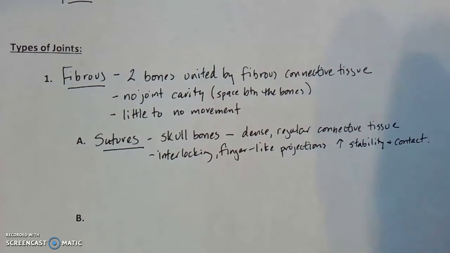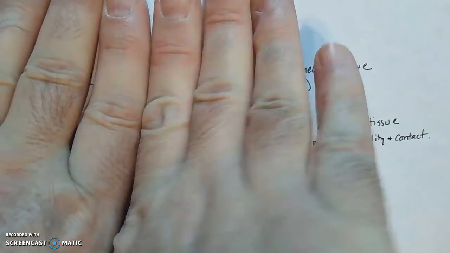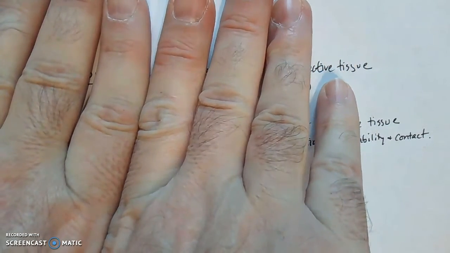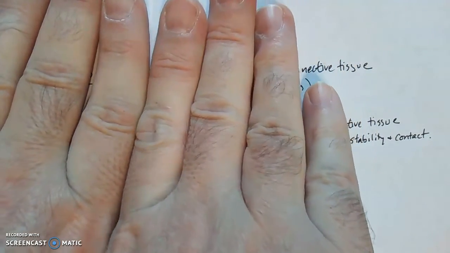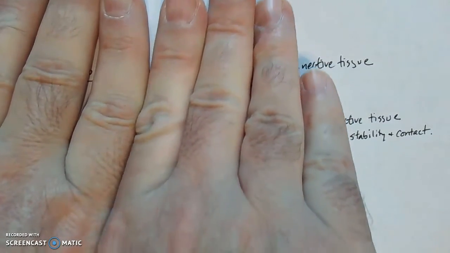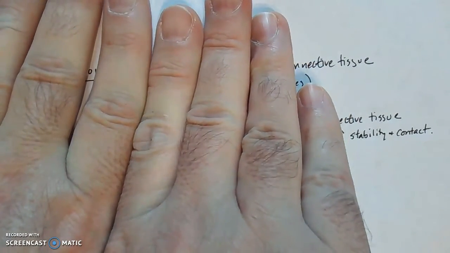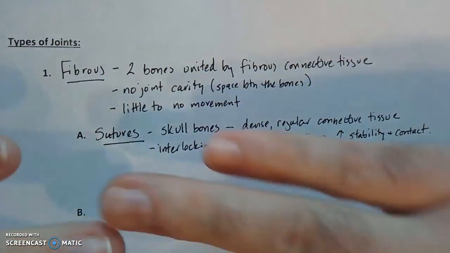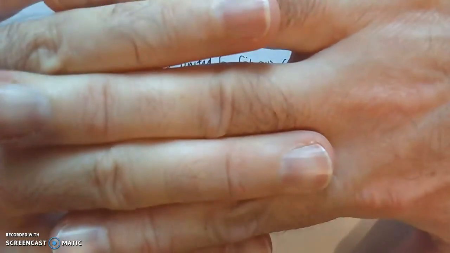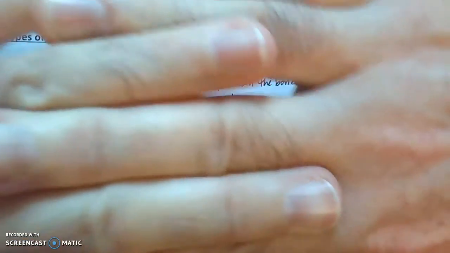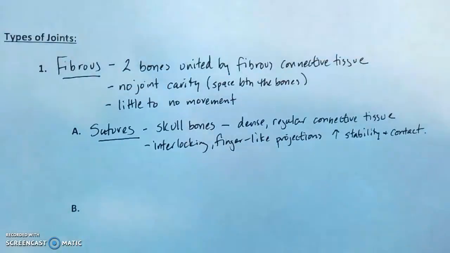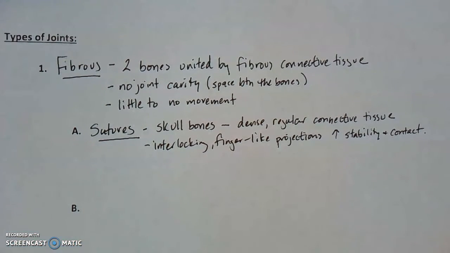So it increases the surface area. If it were just straight, so my fingers would be the joining of the two bones, it could slide past one another. So something could rip that apart easily. But if they interlock like this, it's a lot harder to separate those. So they're like finger-like projections.